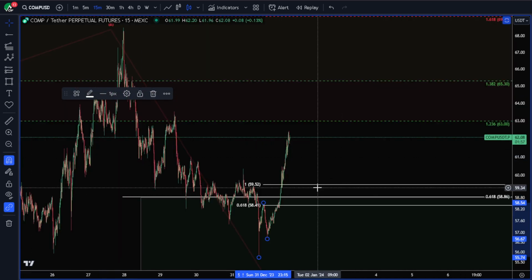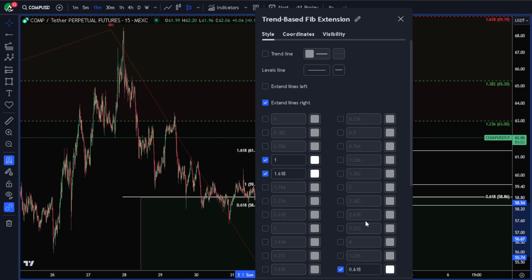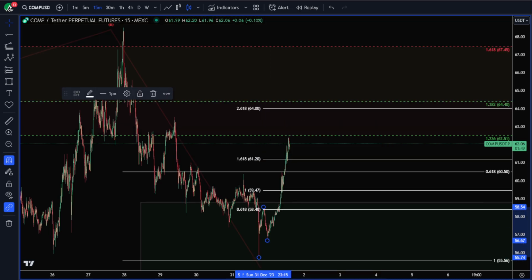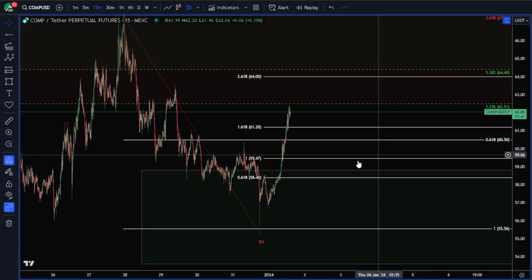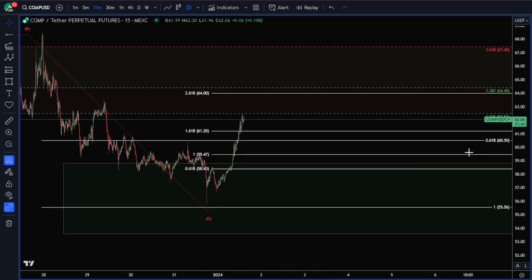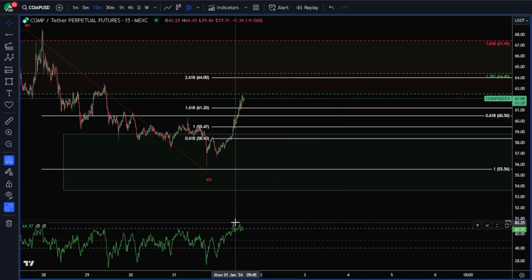So zooming out, let's see our extensions. Looks like we have quite an extension here. Let's check regular scale. Yeah, we're past the 1.618. We could get as high as the 2.618 here, if not higher, for this third wave. Any slight divergence could be our third of our third and our fifth. So we have a 1, 2, 3, 4.